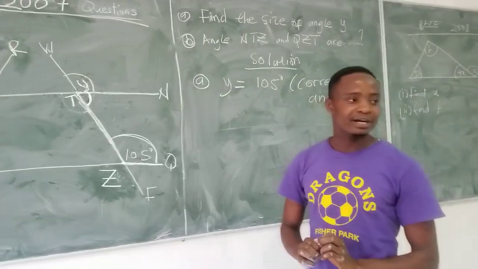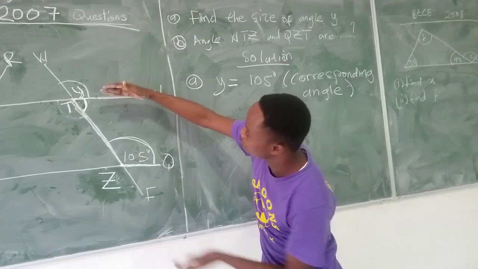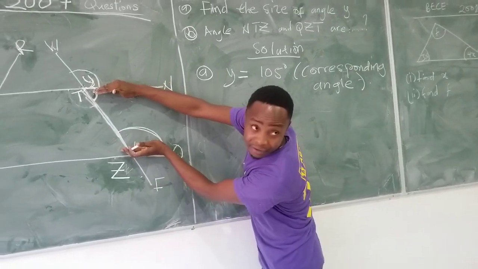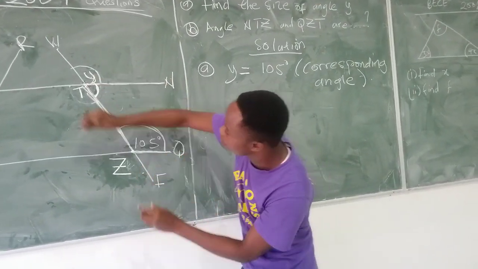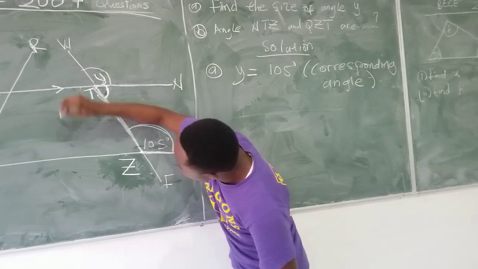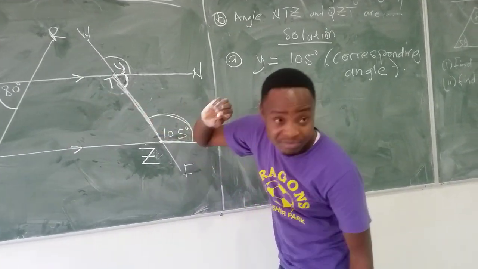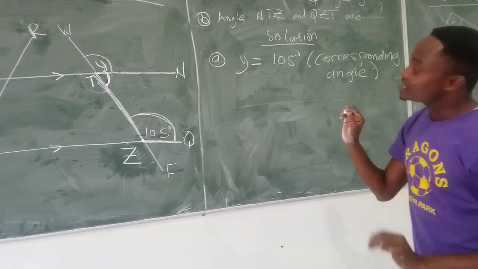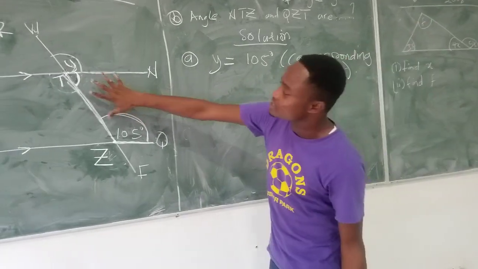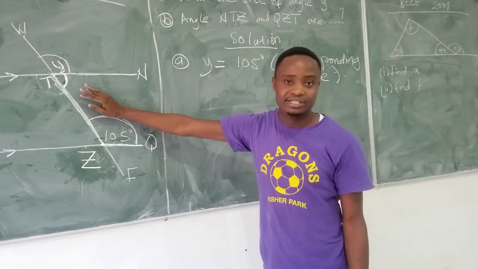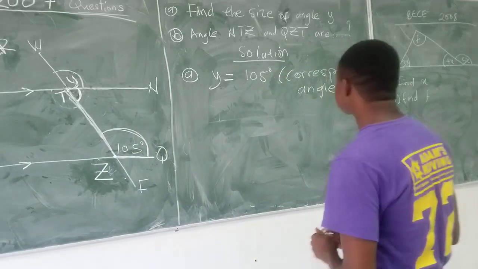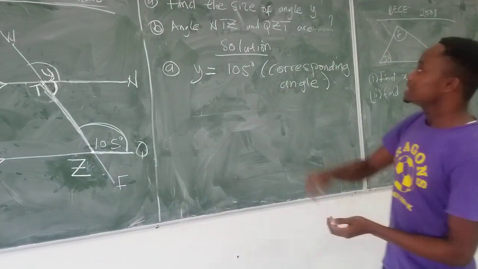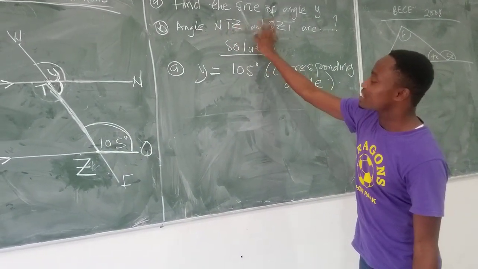They are co-interior angles because they are within the region of the parallel lines. These two lines are parallel lines. They never meet. And the sum of co-interior angles gives 180 degrees. So basically this question is objective. It asks you what is this angle.